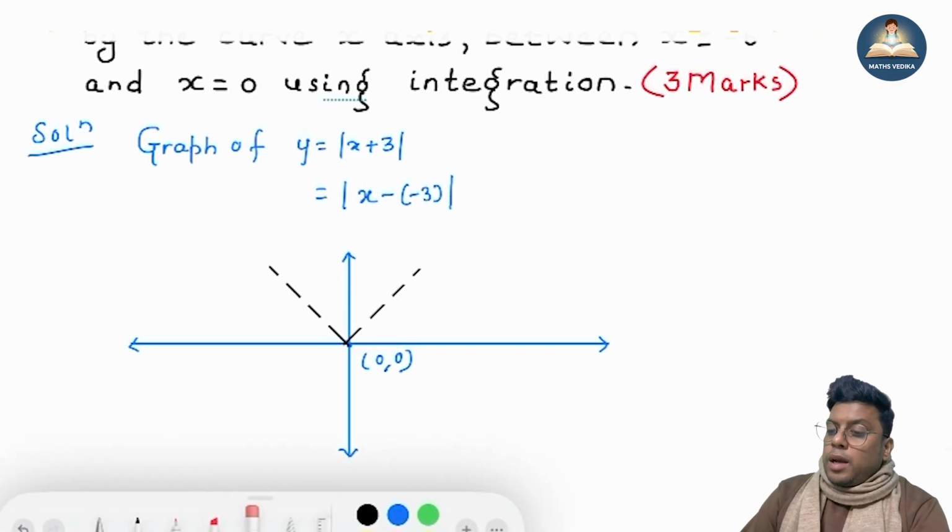Now we have to find the graph of y = |x + 3|. So this graph of y = |x| will be shifted 3 units to the left of the origin. So the intersection point will be (-3, 0).